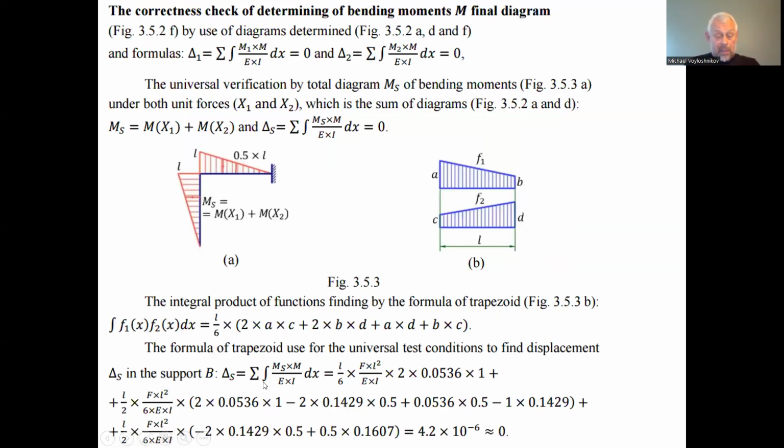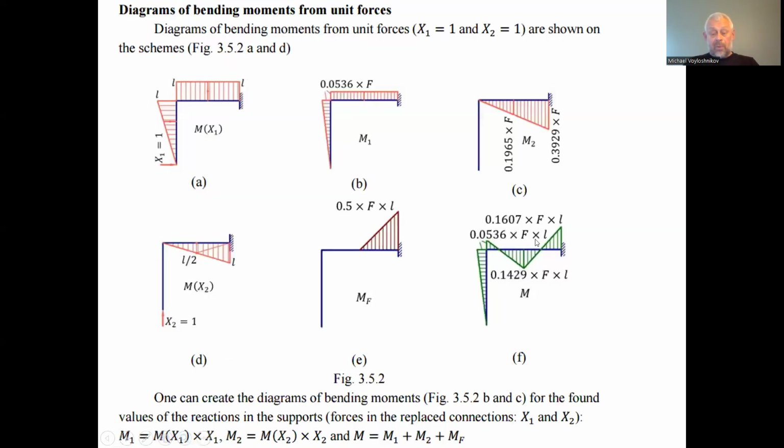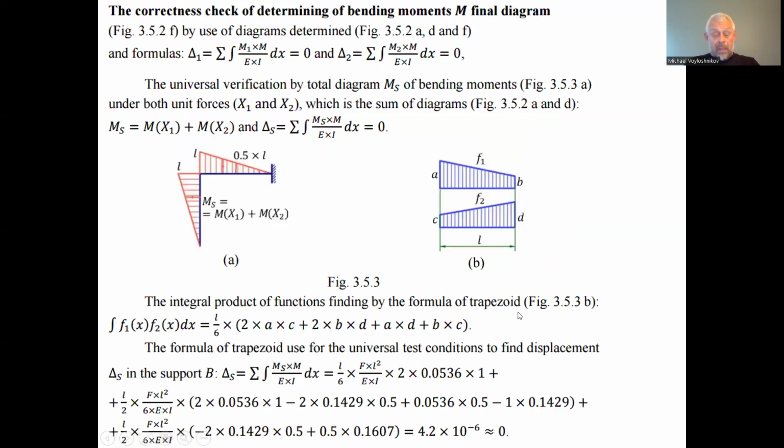So we have three summands when determining the product of two functions: the diagram of the bending moment of the unit force applied in the generalized direction, which we indicate by S, multiplied by M. M is the final diagram of the bending moments here. So we use this formula to find the integral of the product of functions of trapezoids or any other linear, maybe triangle, diagrams.